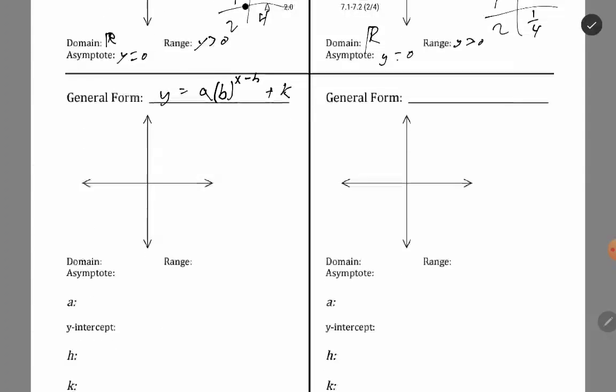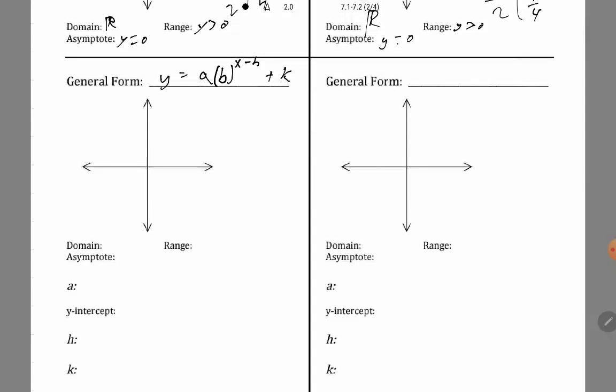Okay? So h moves our graph left or right, and k moves it up or down. And a, which was our original amount, just stretches the graph usually, or flips it, or shrinks it.